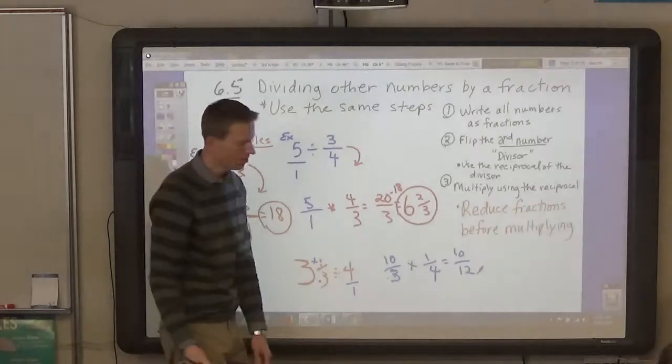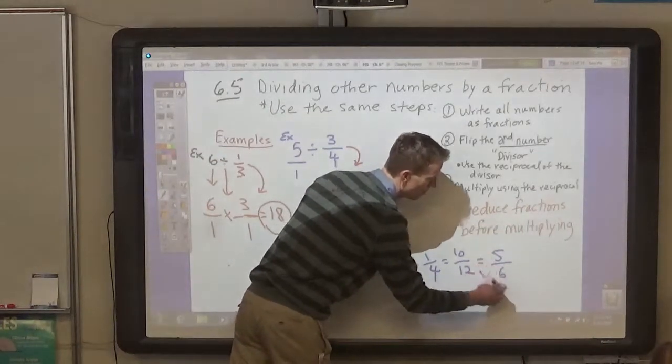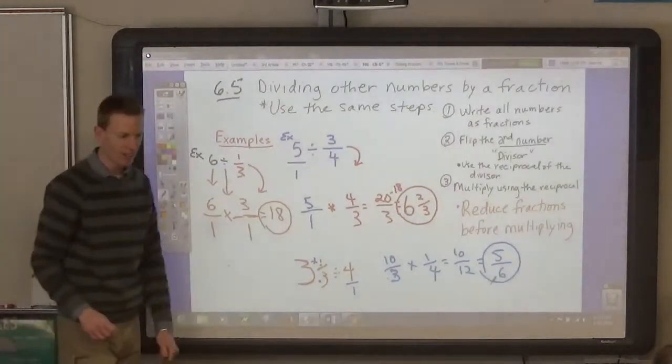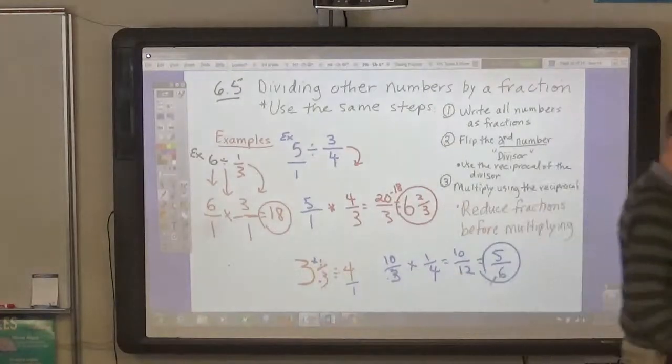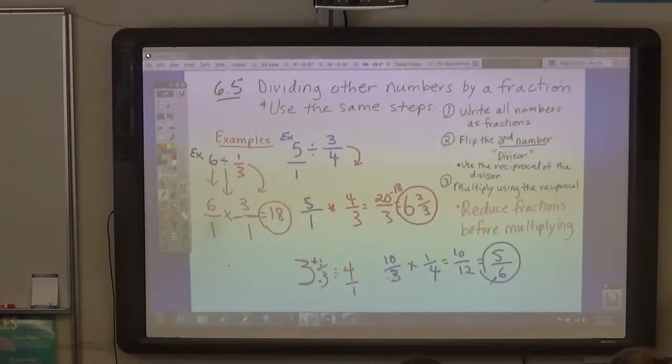Reduce it to 5 sixths. Questions? Yeah, you can do this, you guys. So, make sure all numbers are written as fractions. Flip the second number and multiply.